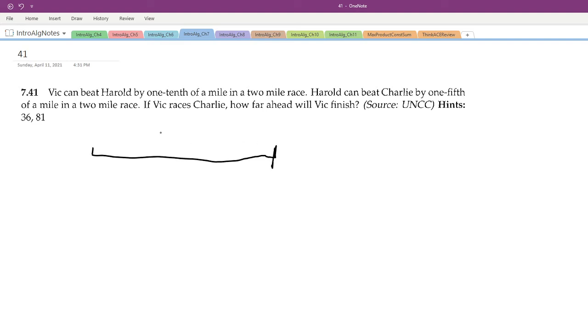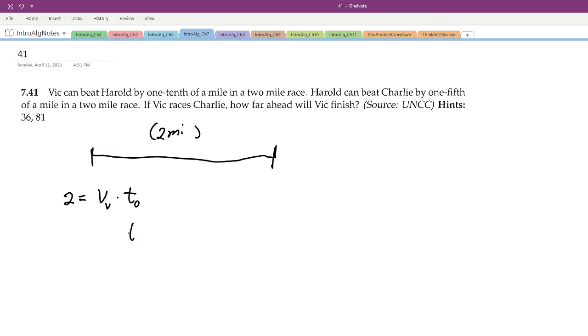So let's see. In here, the only thing that doesn't change is the length of the distance, right? So now let's set up an equation and parameterize something. So we know 2 equals, first is V beats H, right? 2 equals the speed of V times the t, right?